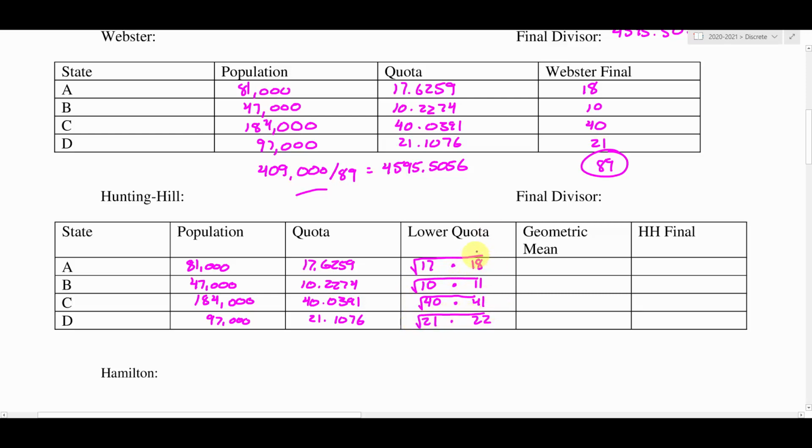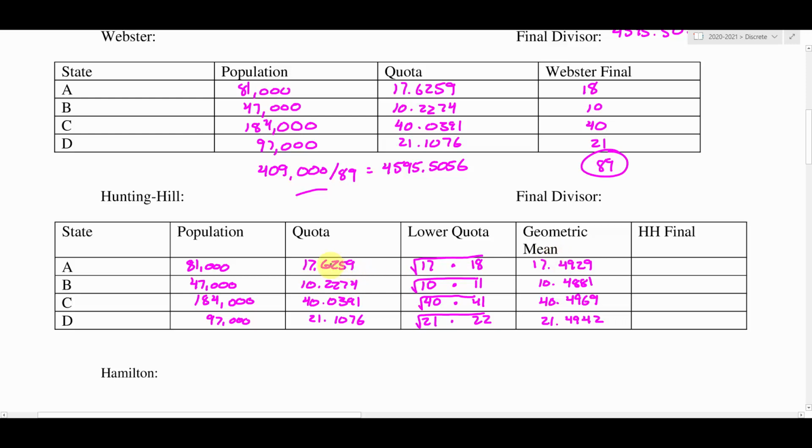All right, so I'm gonna plug this into my calculator. And then once we have our geometric means here, we are going to round our quotas based on those geometric means. So if our quota is larger than the geometric mean, then we'll round up to the next number. If it is not, then we will keep it at the lower quota here.